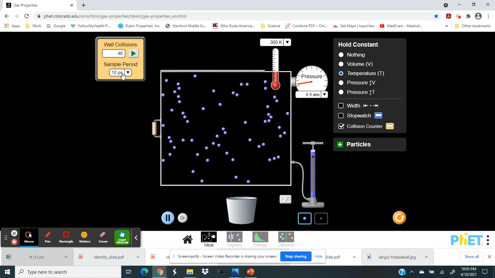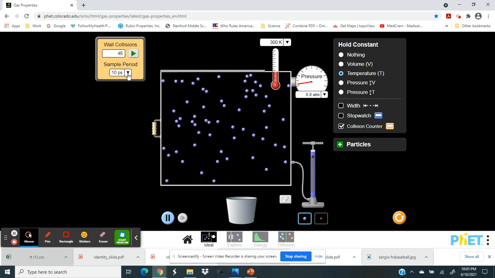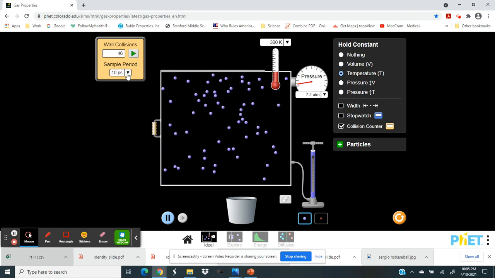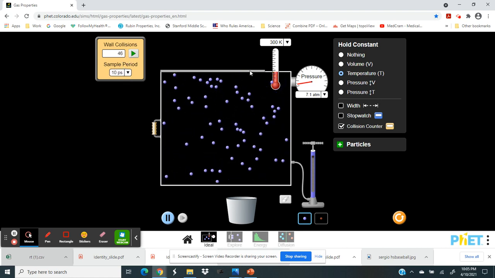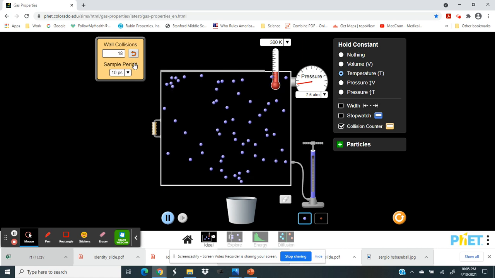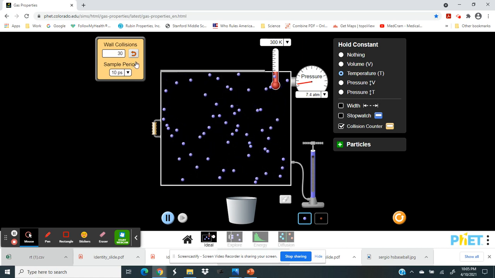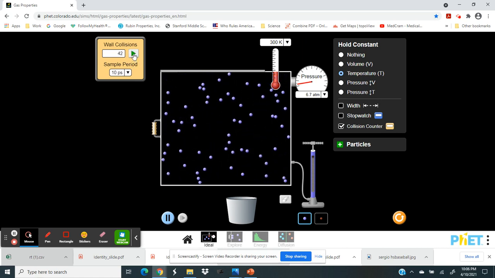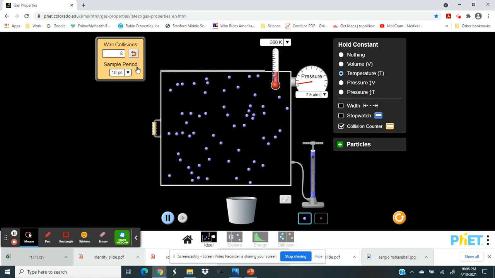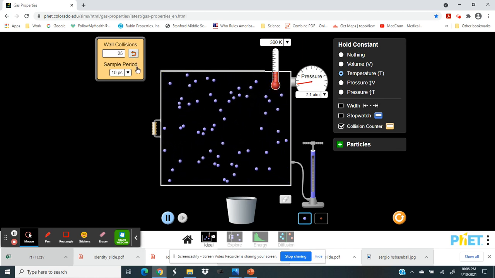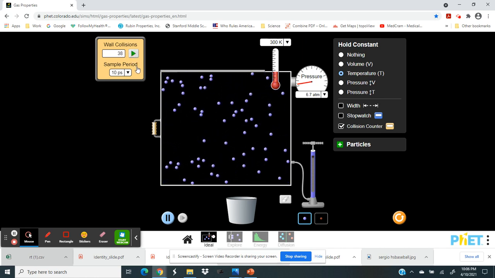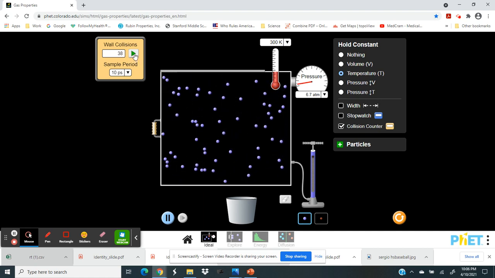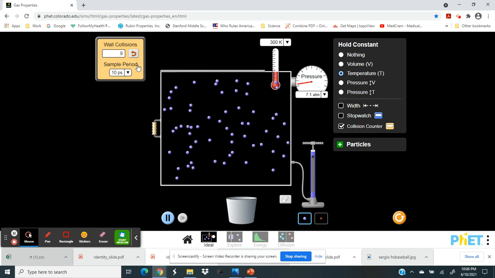And this says, if I wait 10, apparently these are 10 picoseconds, there were 46 collisions with the wall of the container. If I run another sample here, there's going to be 42. So 46, 42, they vary from sample to sample, but you can get an average, right? They're roughly around 40, 41, 38 in this next sample period.